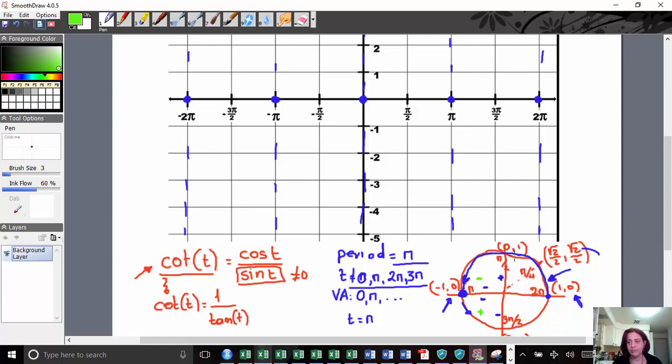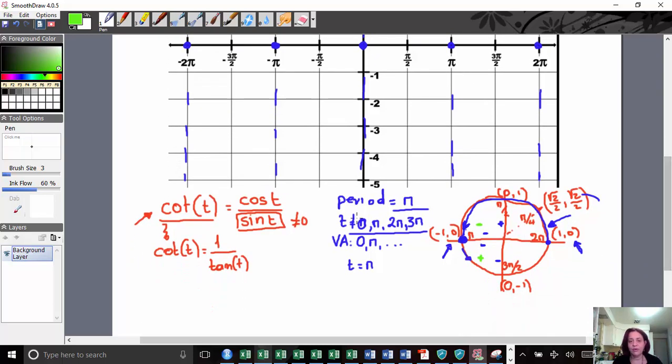And it's going to be equal to 0. The cotangent will be equal to 0 when the cosine of t is 0. Now the cosine of t is 0 at points pi half and 3 pi half. So the cotangent of t is equal to 0 at pi half and at 3 pi half.